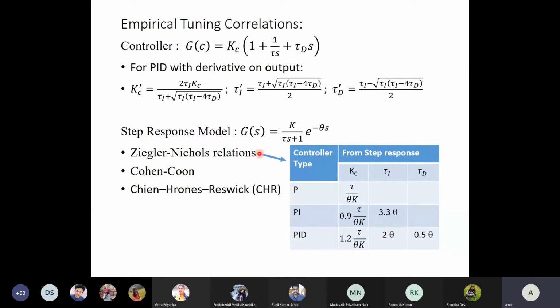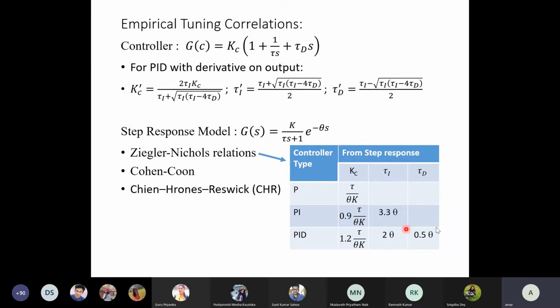The Ziegler-Nichols relations are basically dependent on the parameter tau by theta K. For the Ziegler-Nichols proportional controller, the gain will be tau by theta K. For PI you will get 0.9 tau by theta K and 3.3 theta, where theta is the time delay.